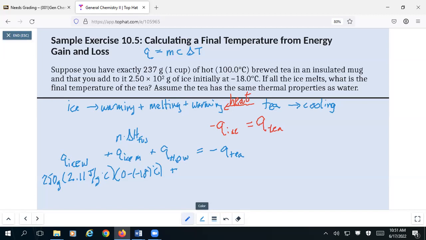So 250 grams of ice, 250 divided by 18.02 grams per mole is 13.9 moles. Times 6.02 kilojoules per mole.